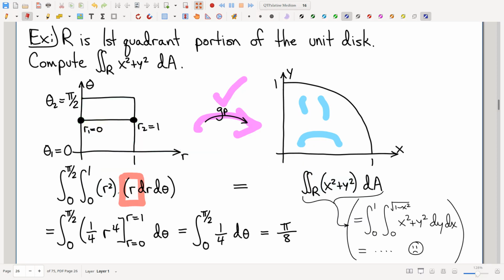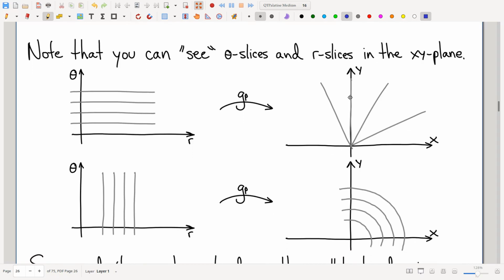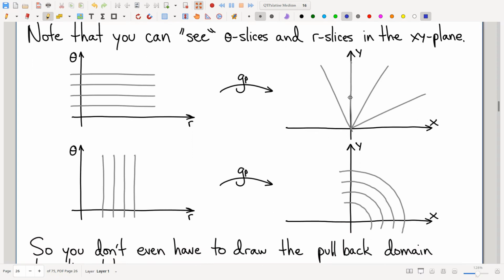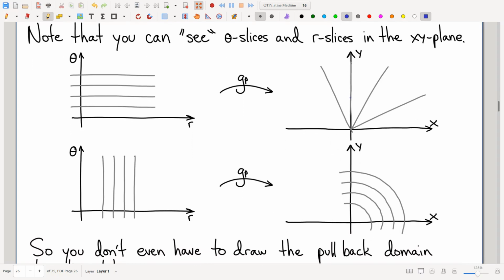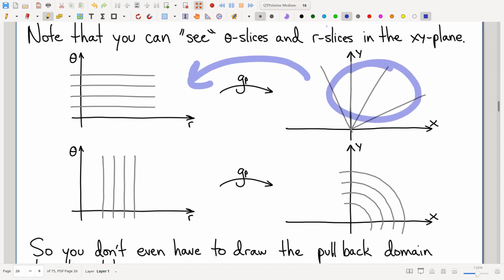Okay. All right. Now, I want to give you a different take on what's happening here, a different way to think about what we're doing here. And it's based on the following observation, and that is that if you have some domain over here, and you pull it back, and you have some new domain over here, hopefully nicer.